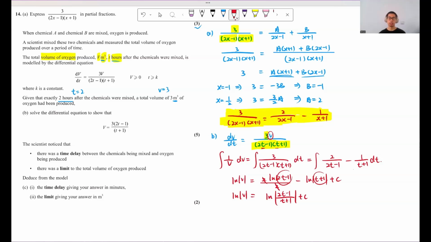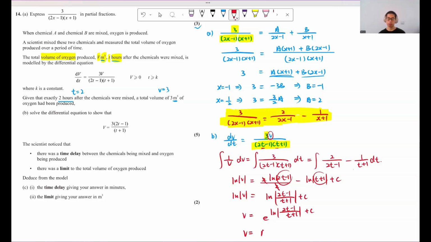So now we need to change the logarithm into the exponential form. So v is equal to e to the power of ln((2t minus 1) over (t plus 1)) plus c. So then v is equal to e to the power of ln, that part stays the same, times e to the power of c.